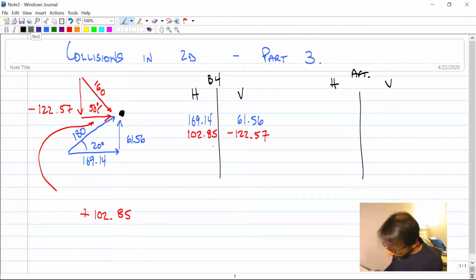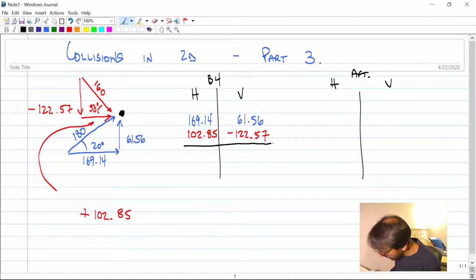And what you're going to do is see what their total gives you. Their total is going to be 169.14 plus 102.85, and you're going to get a total of 271.99 horizontally.